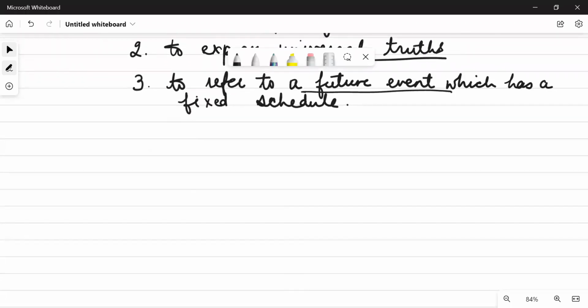Now let me talk about the sentence formation. The basic formation which we use in simple present is the first form of verb with s or es. It is optional. I am keeping it in brackets because it depends on the subject. If the subject is singular, we always put s or es with the verb. If the subject is plural, then we don't put it, and then the object.